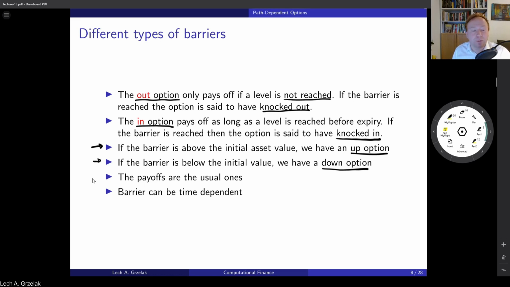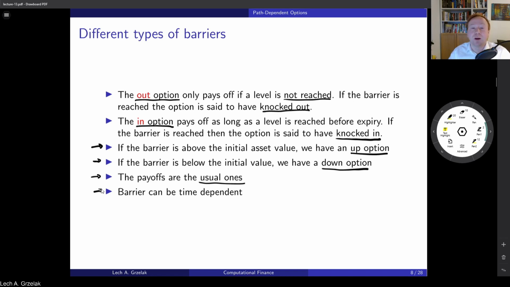Payoffs in barrier options are the usual ones. By usual ones, we mean typical European payoffs, so for example European call, put, or even a digital option. You can also have a digital option as the payoff of the barrier. And the barrier can be time dependent. This is also something to keep in mind.